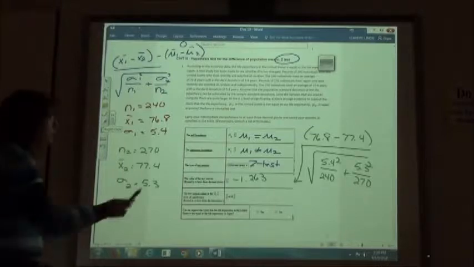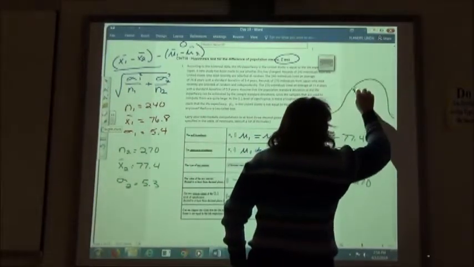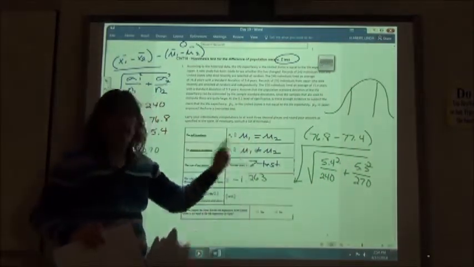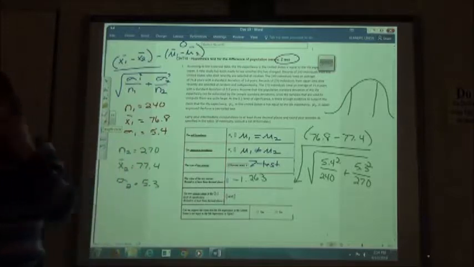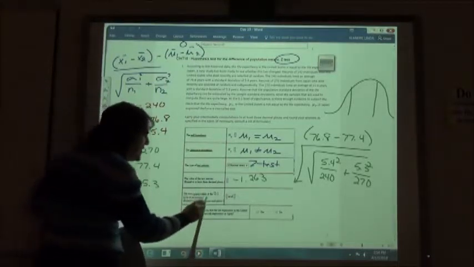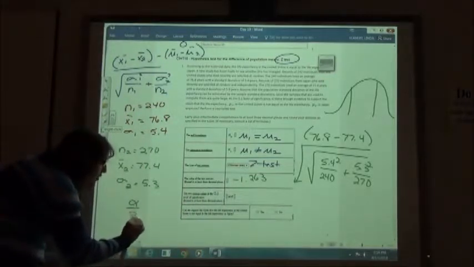So in this case, first of all, I have to figure out that I am doing a 2-tailed test because I have an equal and a not equal. The 1-tailed test, we had the greater than and the less than. So it's a 2-tailed test, and since this is a 2-tailed test, we have to take alpha divided by 2.